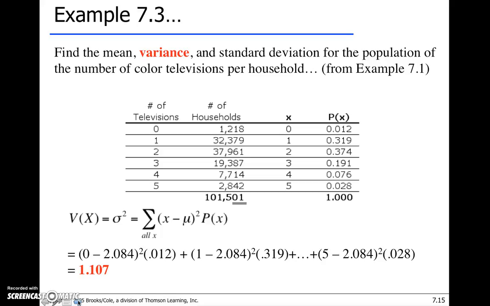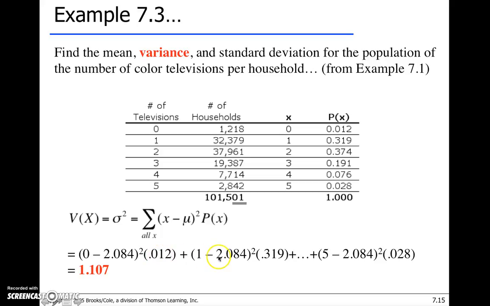Calculating the variance using the long form is x minus mu squared times p of x for all x. The example here is 0 minus 2.084 squared times 0.012. That is for x1, the x minus the mean squared times the probability of x1.